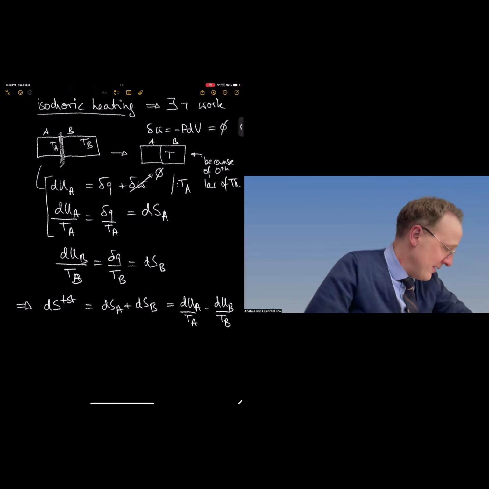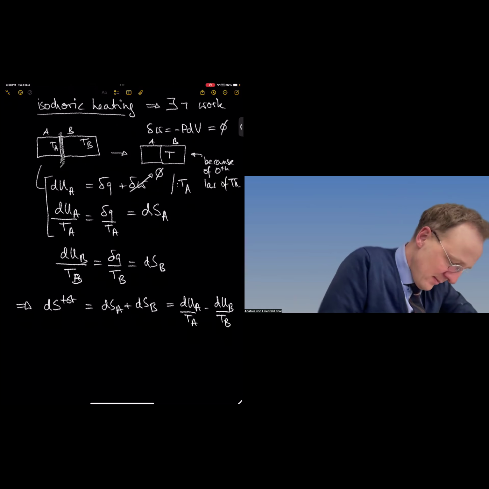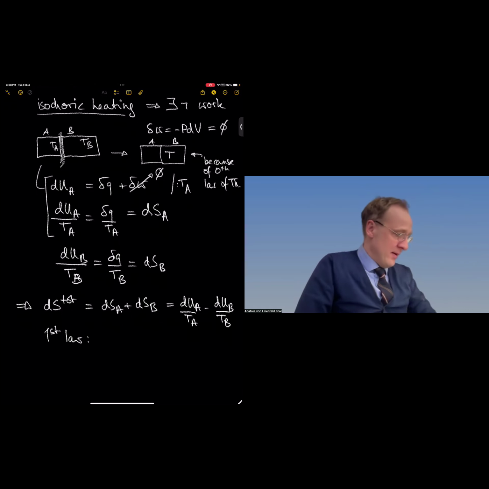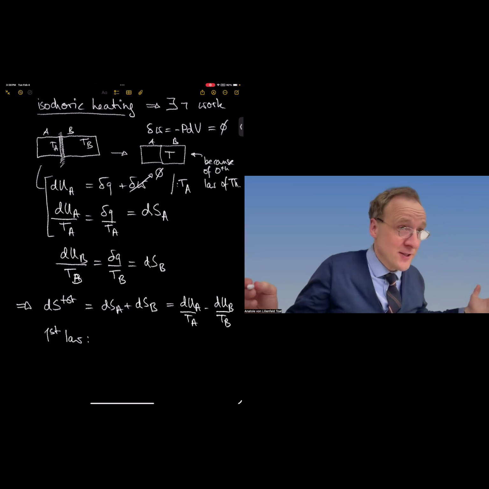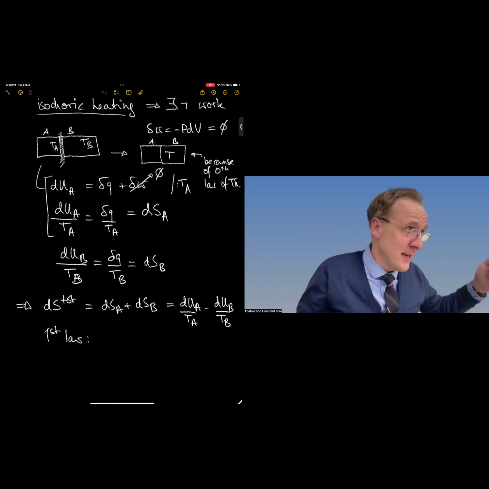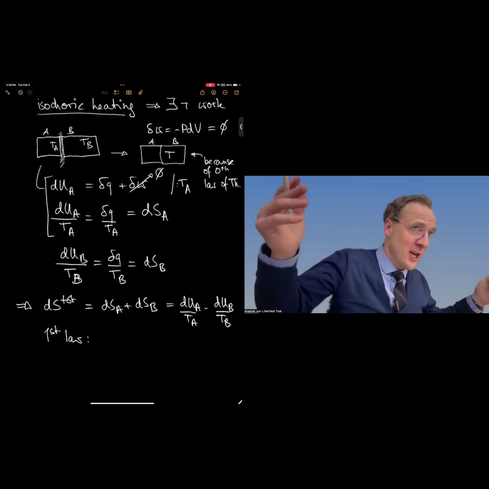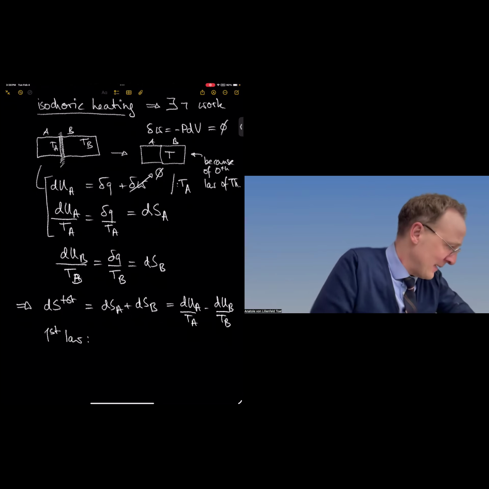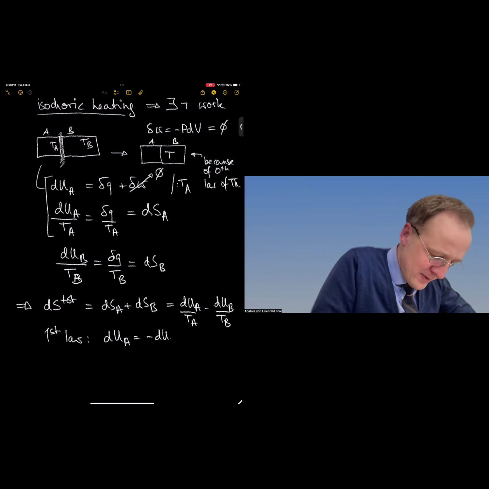Now we use the first law. Things must be conserved. So the change in one container must be equal to the change in the other with opposite sign. This means dUA equals minus dUB.